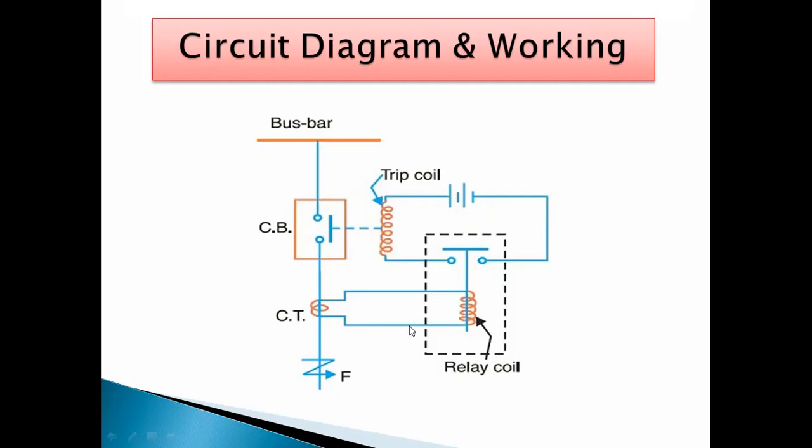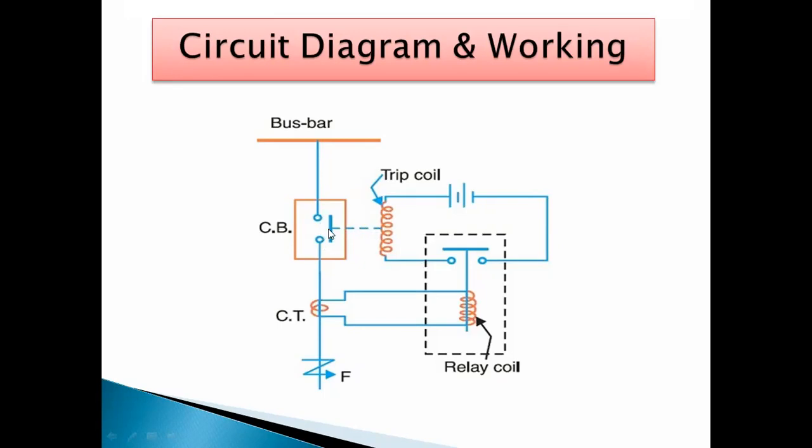Means under normal working conditions. Now, when the fault occurs, this relay coil operates, meaning the current flowing through this coil increases and these contacts get closed here. When the contacts get closed, meaning when your relay starts working, the current starts flowing through this trip coil, and it will move this contact away from the circuit breaker, meaning the normally closed contact becomes normally open.